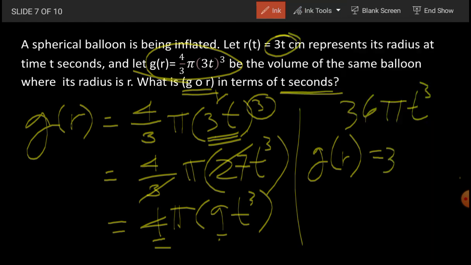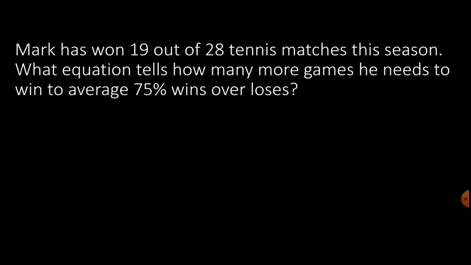So that's 36 pi t cube. Okay na yan. So that is the g of r in terms of t seconds. Okay, so let's move on.